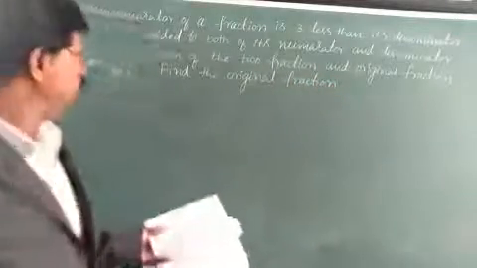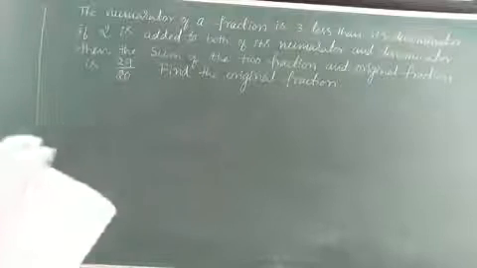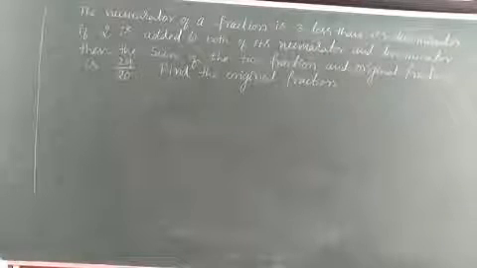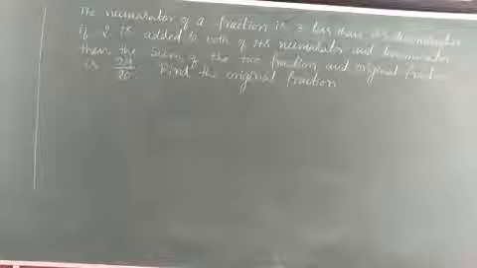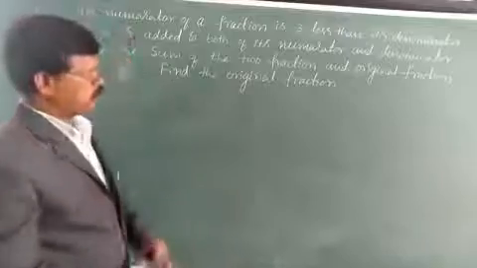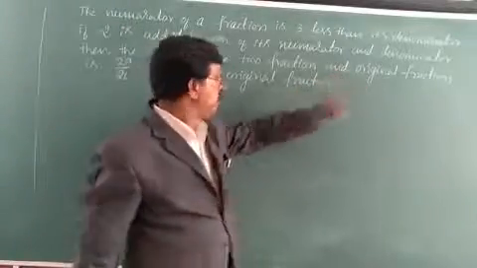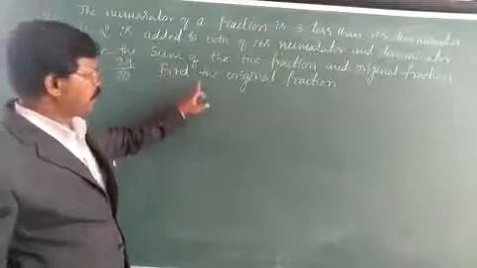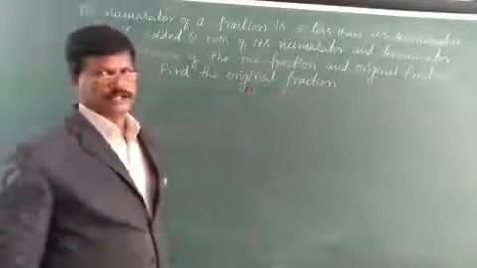See the problem. The numerator of a fraction is 3 less than its denominator. If 2 is added to both its numerator and denominator, then the sum of the two fractions and the original fraction is 29 by 20. Find the original fraction.